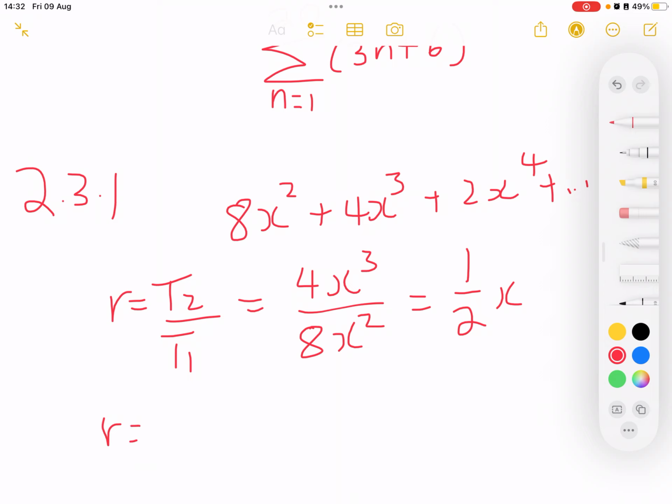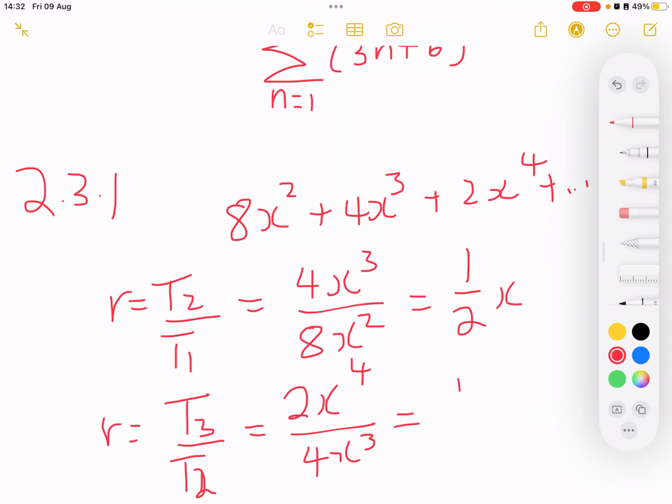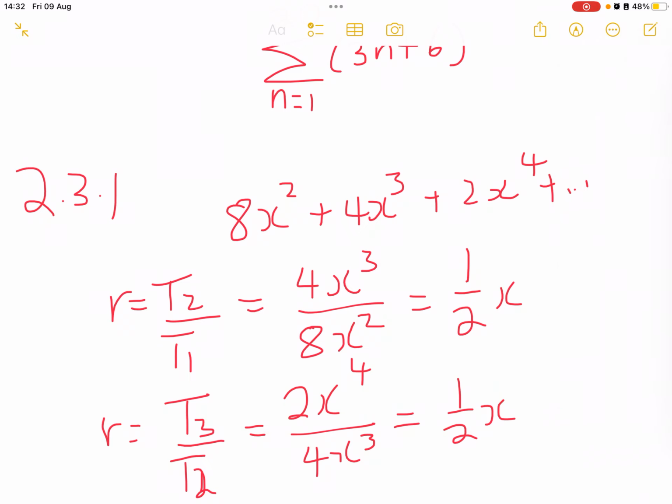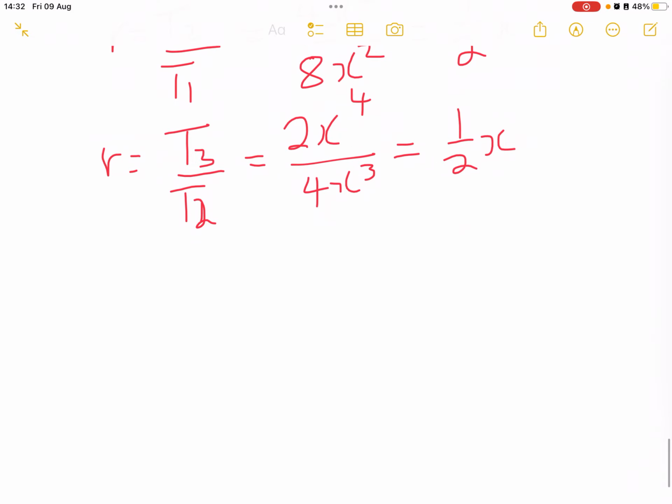And we have to double confirm this r value, by taking t3 over t2, which is 2x to the power 4 over 4x to the power of 3, which is equal to 1 over 2x. Next up, we see that the r value, or the common ratio, is 1 over 2x.